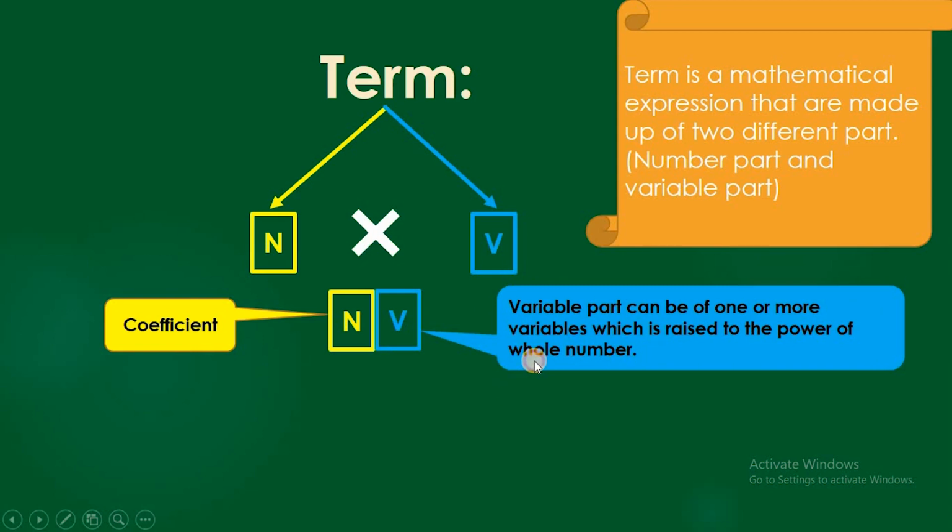Now here it is very important that the power of the variable should be a whole number. Now whole numbers are 0, 1, 2, 3, 4 and so on to infinity. We can go on. But in turn, the power of the variable should be a whole number.